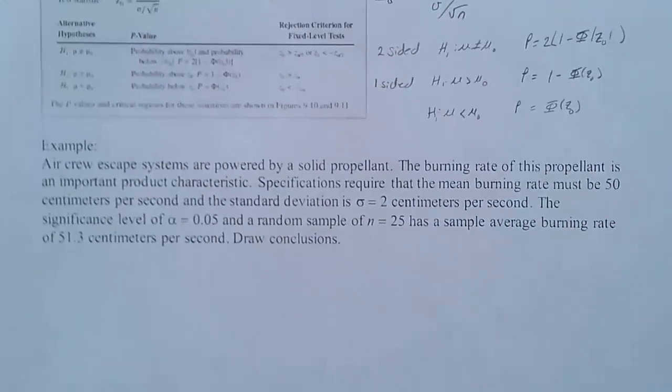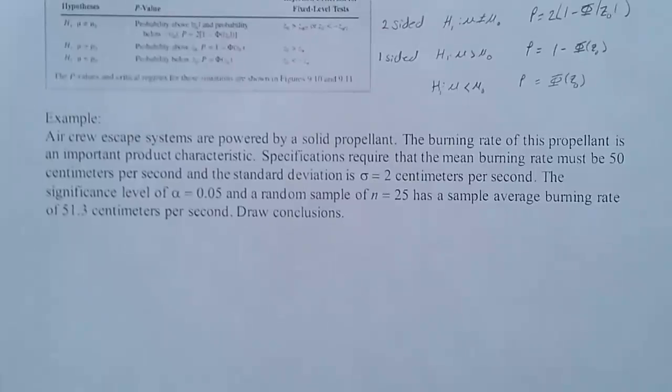So what's an example? What would this actually look like? This tells us that the specifications require that the mean burning rate has to be 50 centimeters per second with a standard deviation of 2 centimeters per second. We've got a significance level of 0.05 and there's 25 samples and our sample average was 51.3.